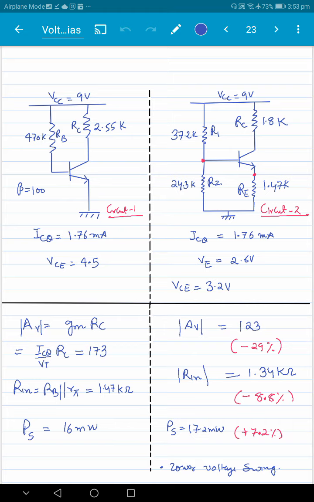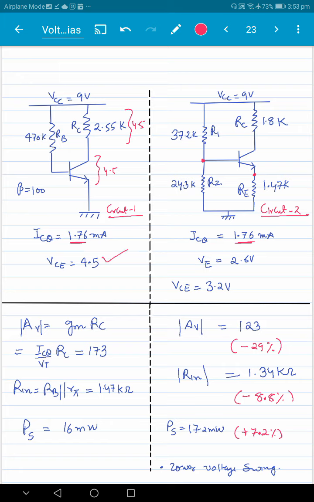So let me show you an example. We have done a design for ICQ equal to 1.76 milliamperes, and the same design we are doing in voltage divider bias also at 1.76 milliamperes. And as we said, half the voltage, 4.5, is dropped here, the other 4.5 we divide equally, so VCEQ is 4.5.